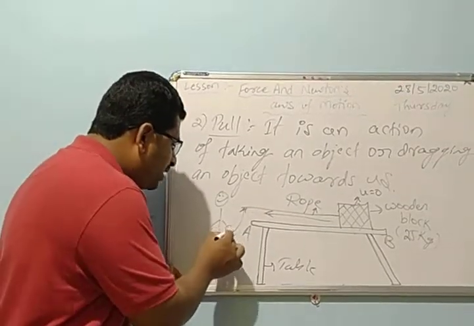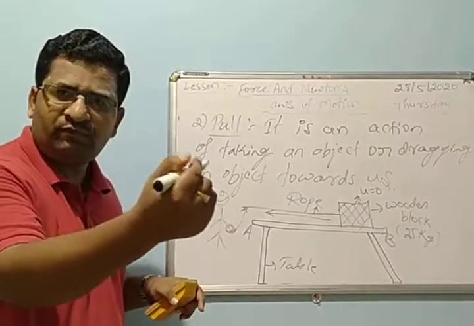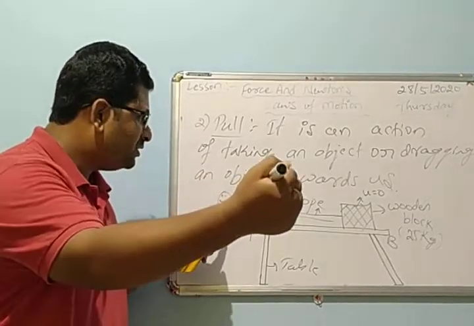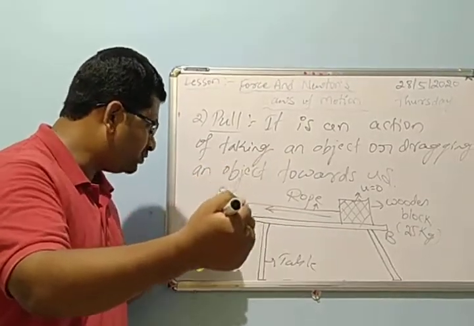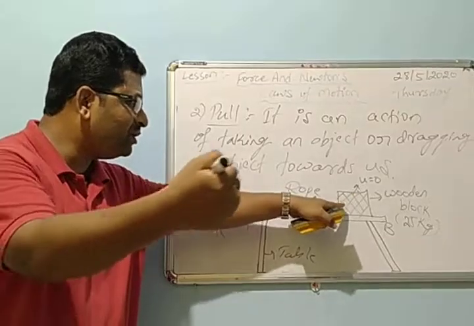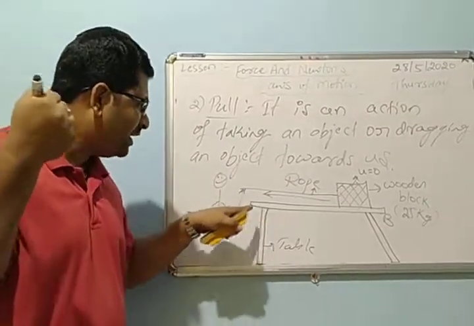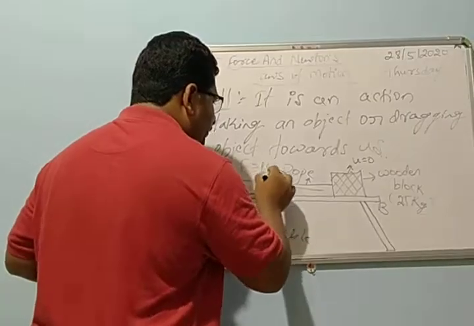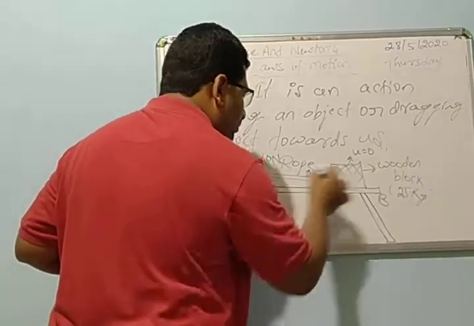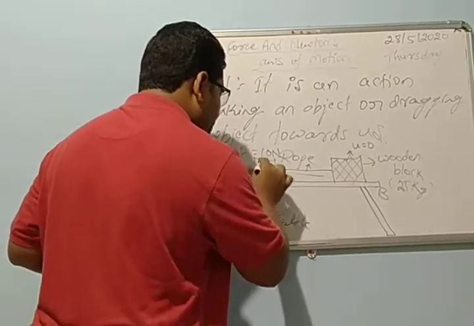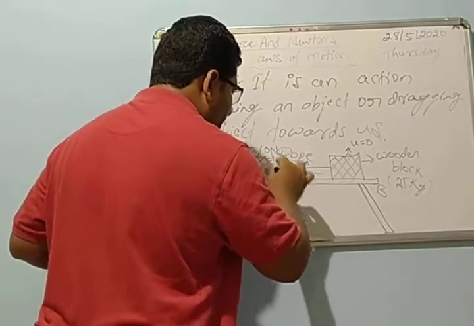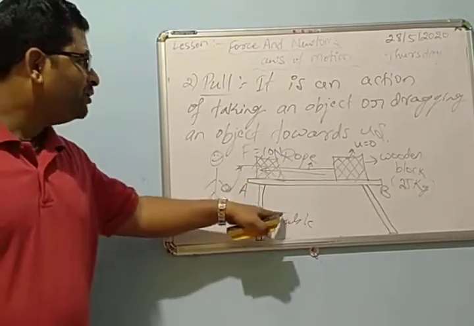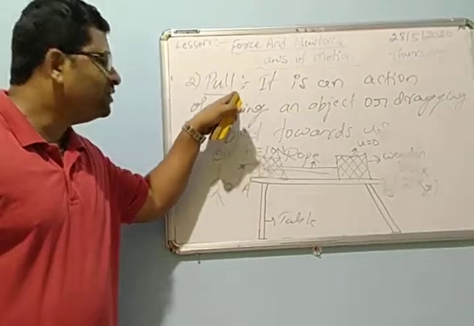In his hand, a muscular force. With the muscular force, this person dragged the wooden block towards end A. Think he applied a force of 10 Newton, and the wooden block has shown a displacement and reached the end A. So this is called a pull.